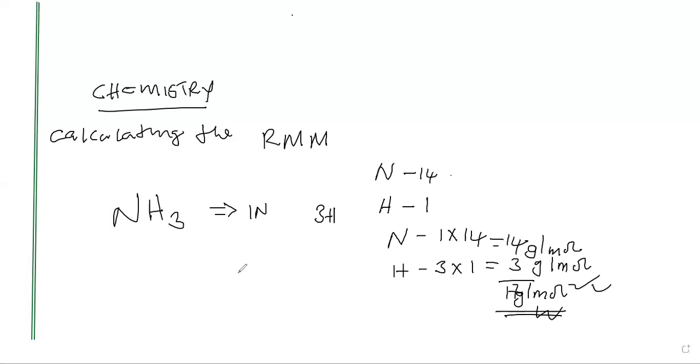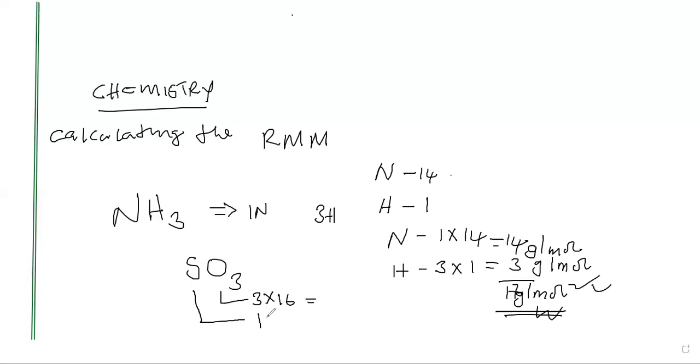All right, so what if we have a molecule of sodium sulfur trioxide? Here we have 3 atoms of oxygen, and the mass number for oxygen is 16, so we multiply by 16. Then we have sulfur there.